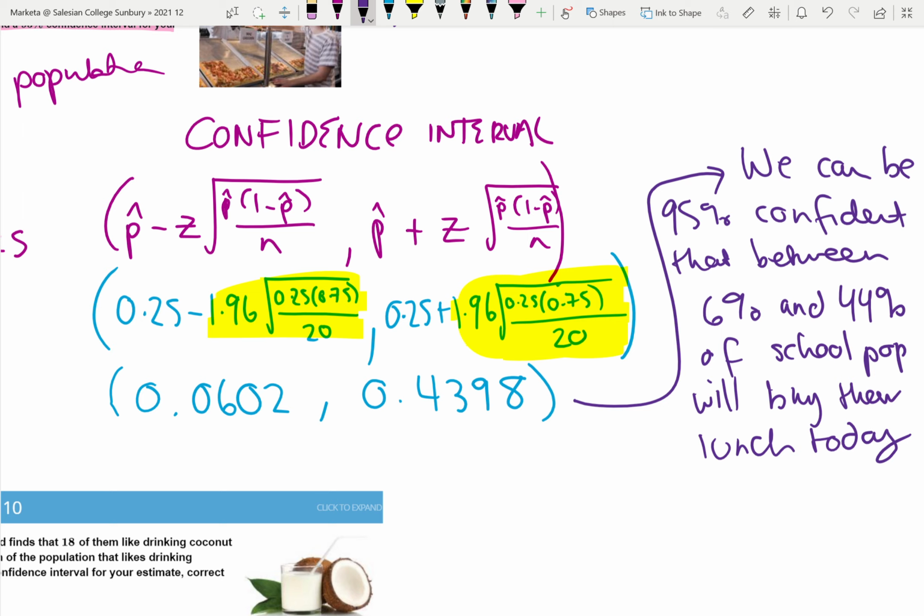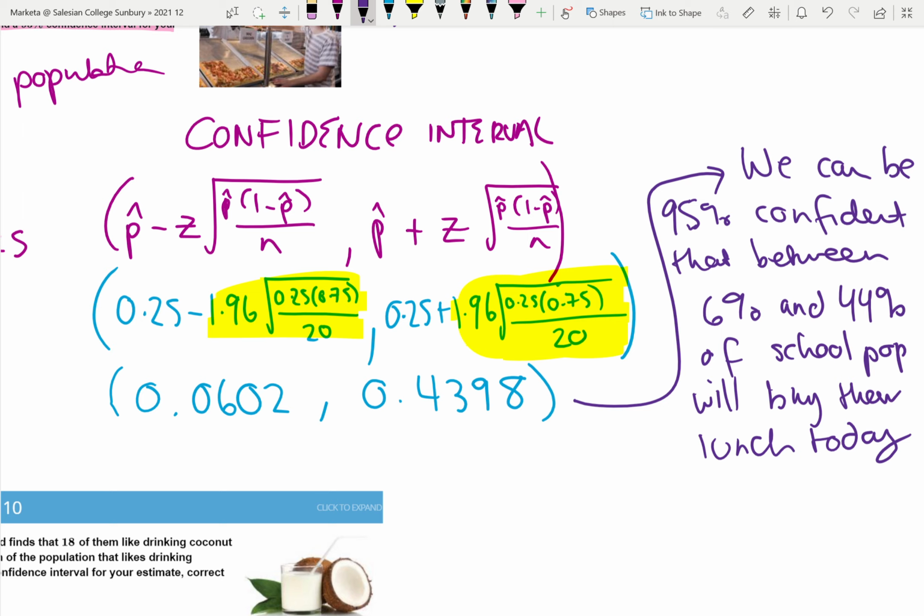So when I see a statistic like this, it doesn't tell you too much. 6% and 44% are a very large range of values. We're saying that, based on the sample, which is the class, we're very confident, 95% confident, that the value is between 6 and 44%.